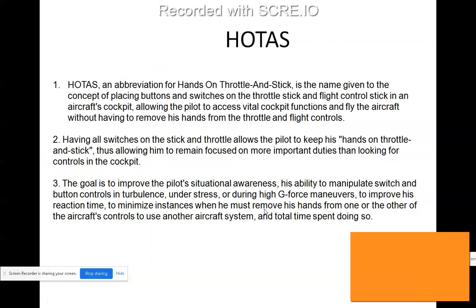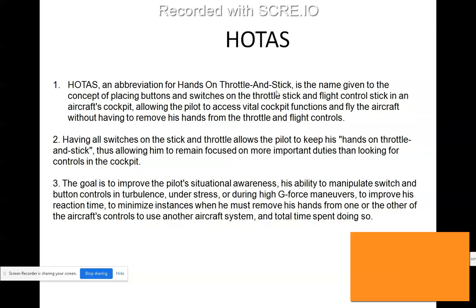So HOTAS is the device which is going to be used in the cockpits of aircraft systems. I think you all know what the cockpit front panel is, which the pilot will be using in the aircraft system. So hands-on throttle and stick will be used to minimize the time spent on collecting things.